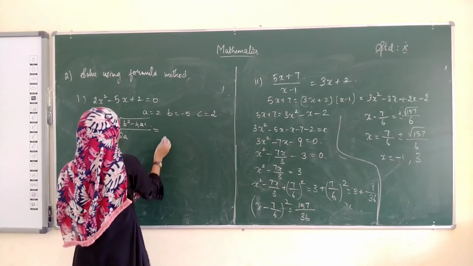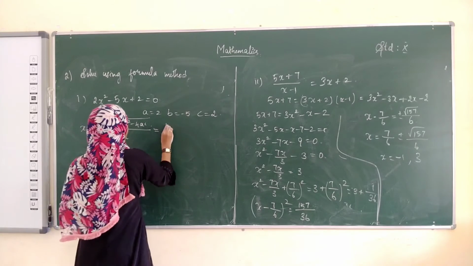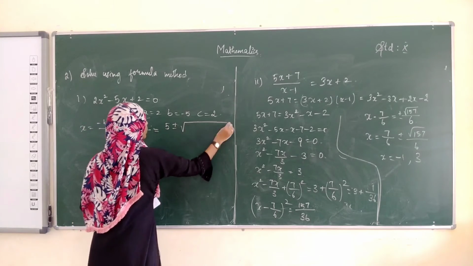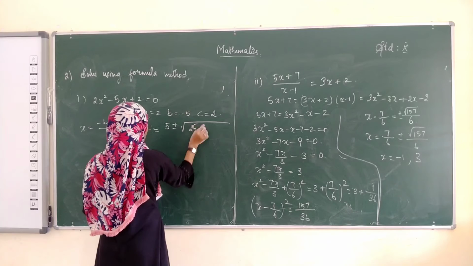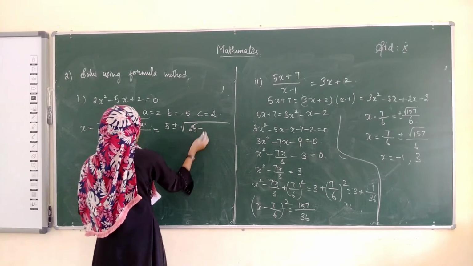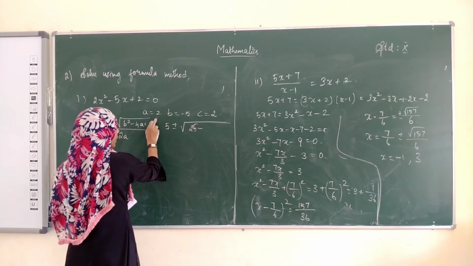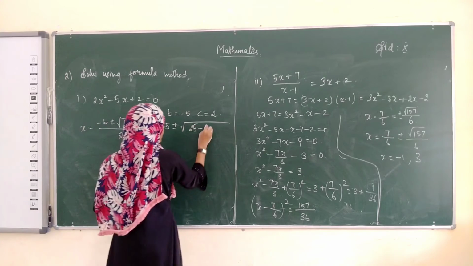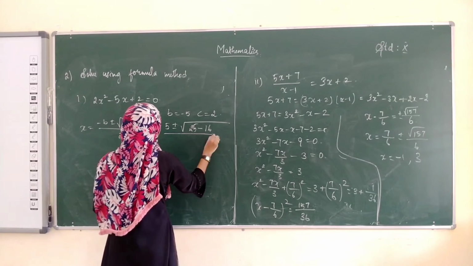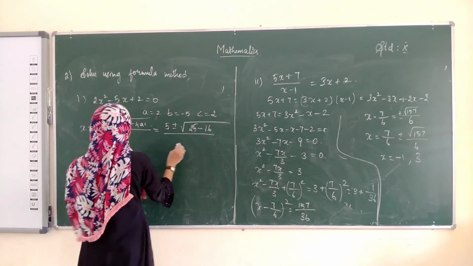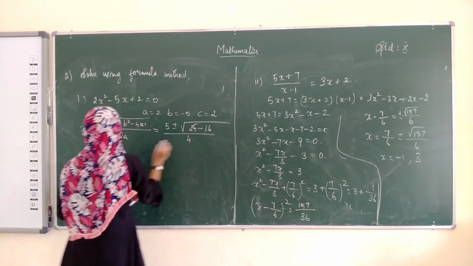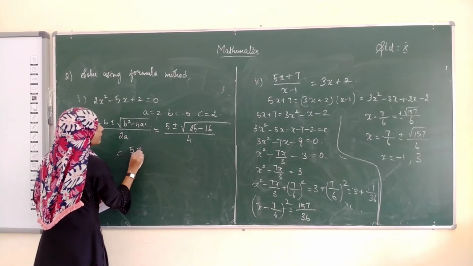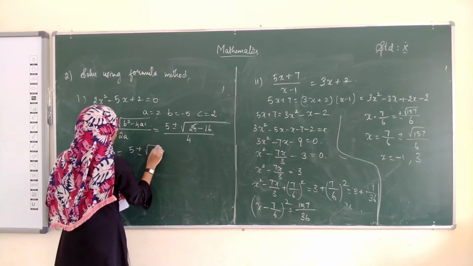Okay, minus b is minus of minus 5 is 5, plus or minus root of b square is 25 minus 4 into a is 4 into 2 is 8, 8 into c is 16, divided by 2a, 2 into 2 is 4. What's the value? 5 plus or minus 25 minus 16 is root 9.